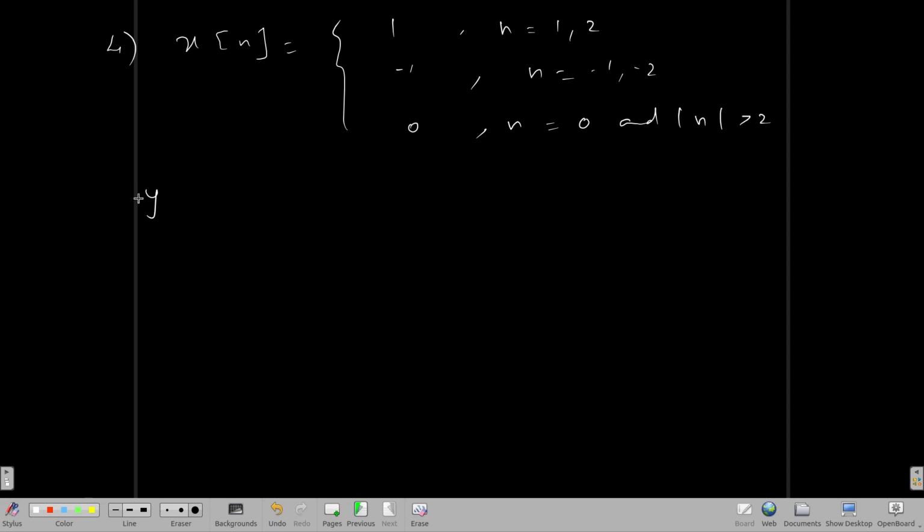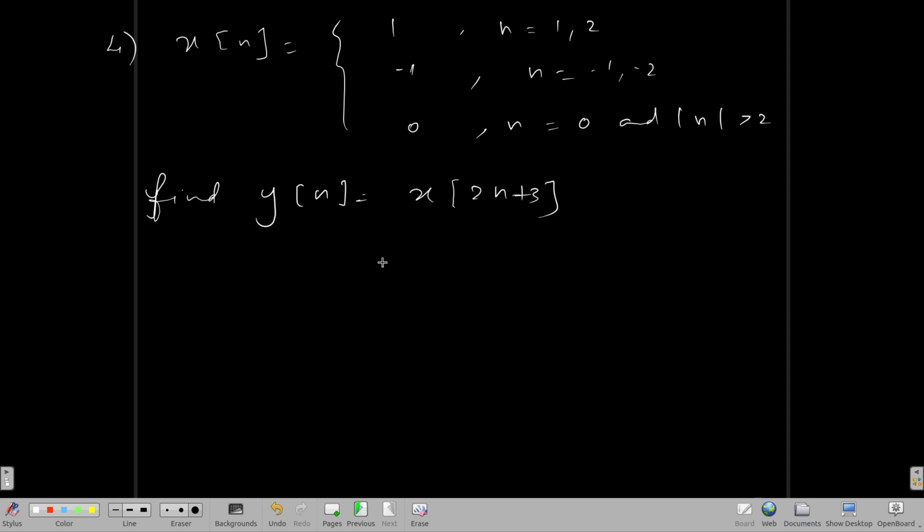The question is, find y of n is equal to x of 2n plus 3. So we can do this graphically, and also even without drawing we can do.